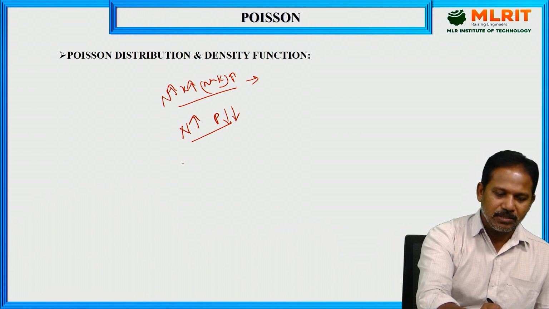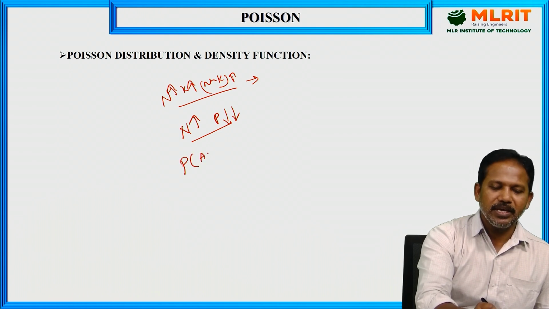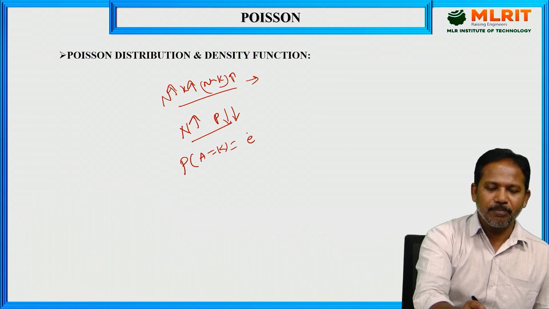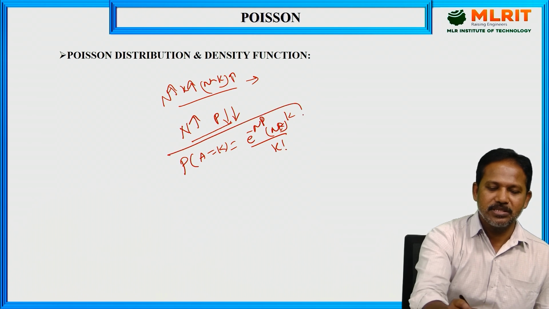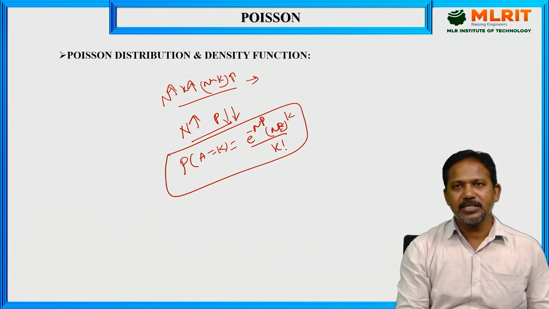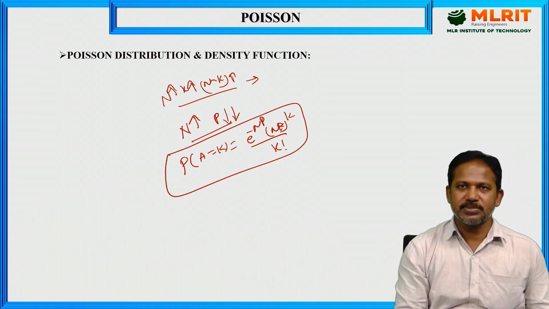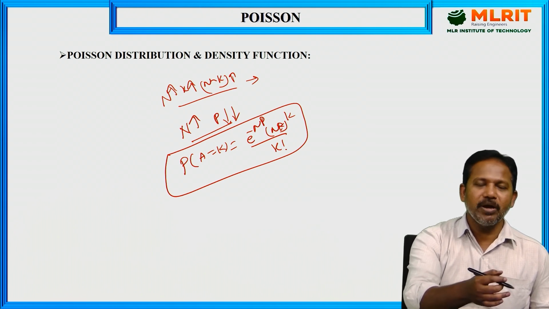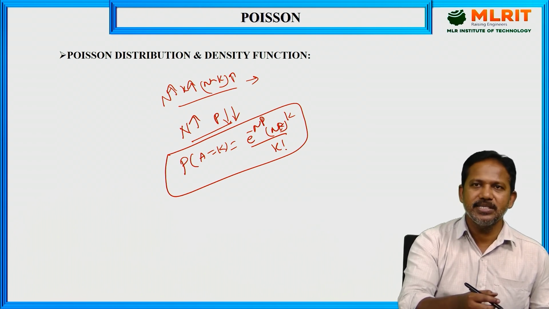That is, the probability that event A occurs exactly k times is equal to e power minus np into (np) power k by k factorial. So this is the probability that event A occurs exactly k times. Now I need to define the Poisson probability distribution function and density function.